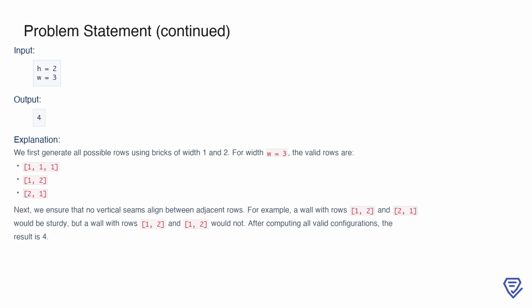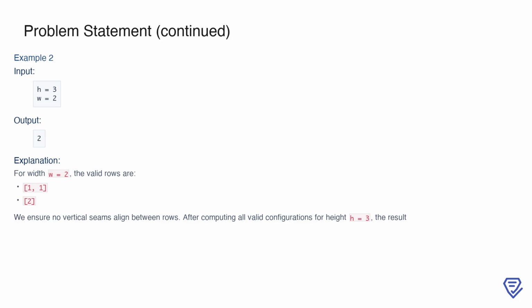Next, we build the wall row by row, ensuring that no vertical seams align between adjacent rows. For example, if one row is 1, 2, and the row above it is 2, 1, the seams do not align, and the configuration is valid. However, if both rows are 1, 2, the seams align, and the wall is not sturdy. After calculating all valid configurations for two rows, the result is 4. This means there are 4 ways to build a sturdy wall of height 2 and width 3.